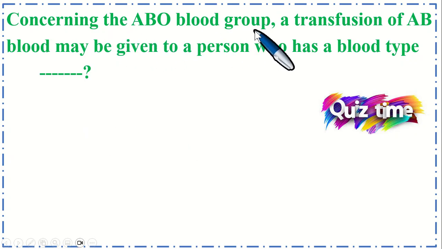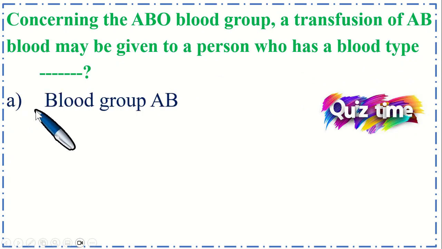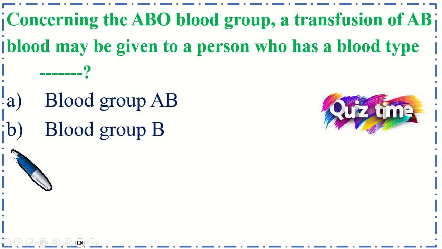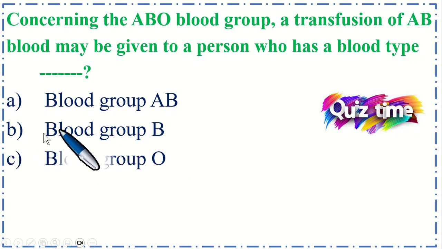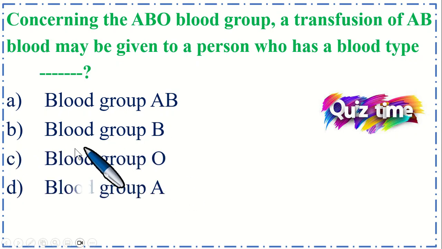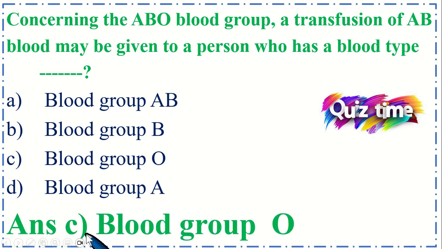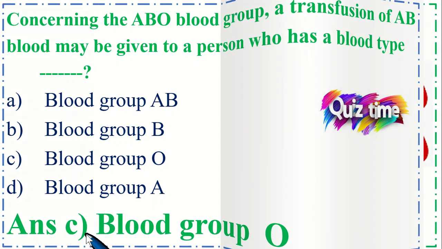Concerning the ABO blood group, a transfusion of AB blood may be given to a person whose blood type is option A, blood group AB; option B, blood group B; option C, blood group O; and option D, blood group A. So the correct option is C, blood group O.